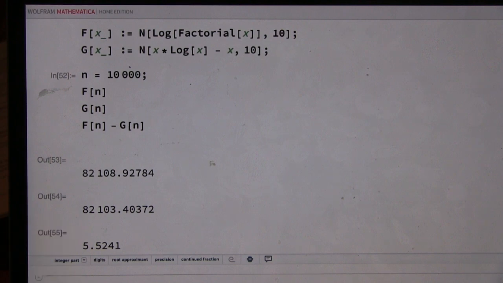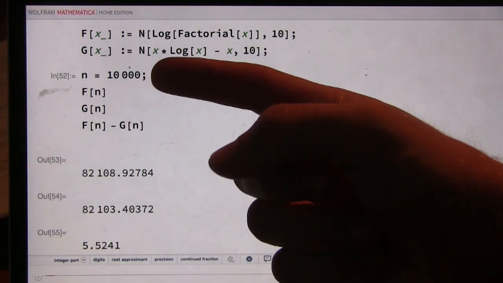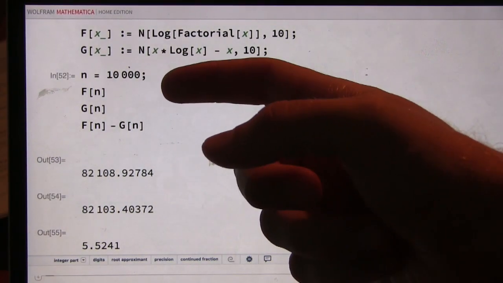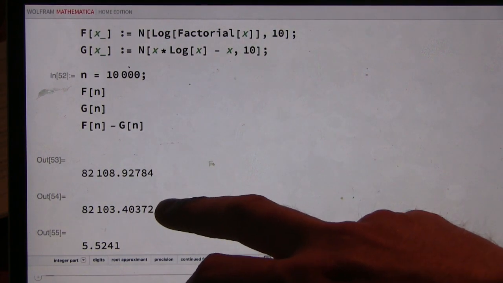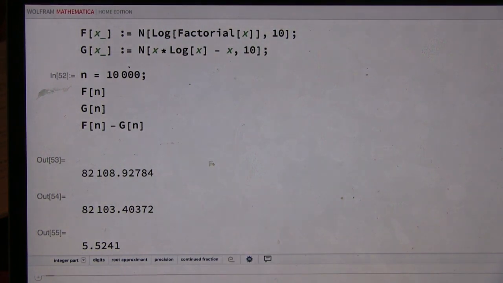And on this scale, it gets even better. Even though the error terms are getting bigger, the terms are getting bigger much quicker. That's right. So this very simple approximation, x ln x minus x, is becoming a remarkably good approximation later on. So let's just try one last one.